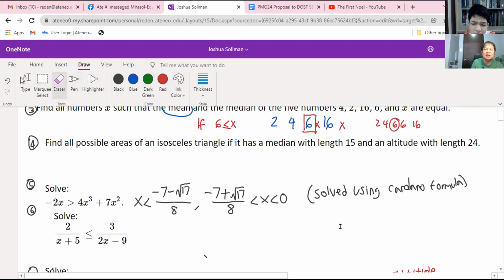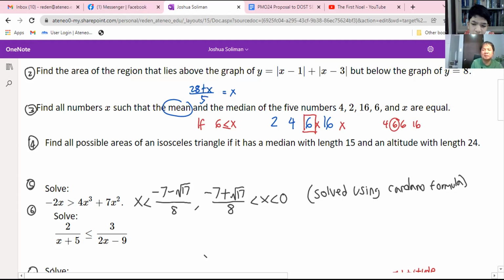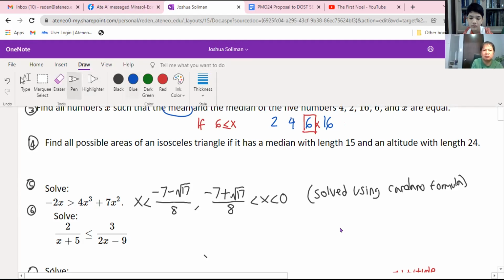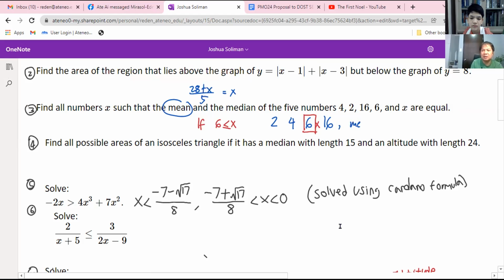Okay, so in this case, what would happen if x is greater than or equal to 16? Then the equation that we would get is the following, because the median equals 6.